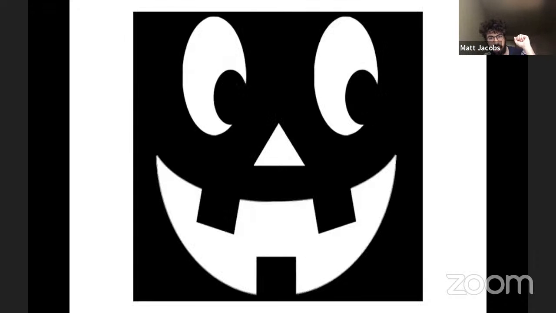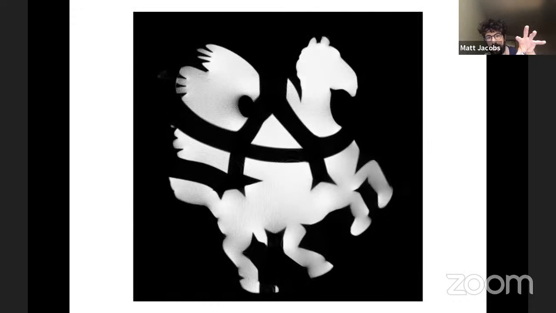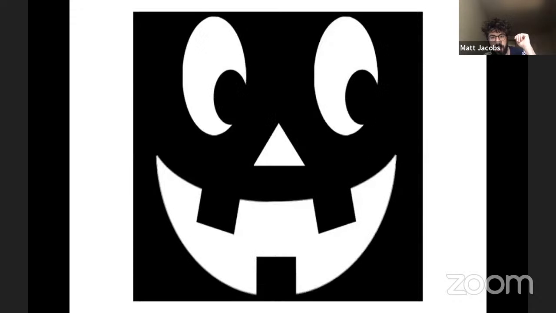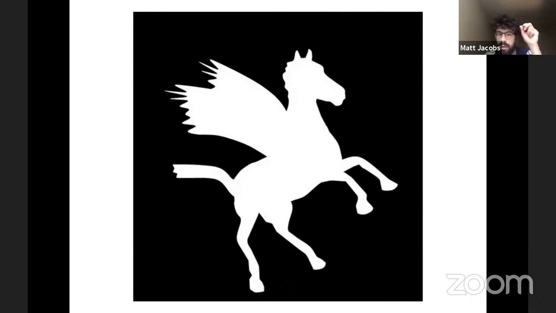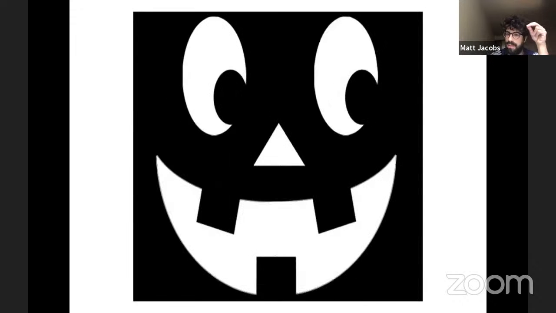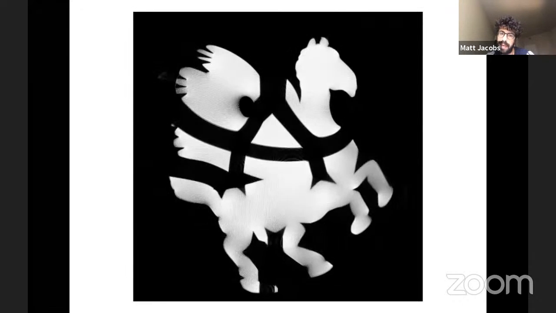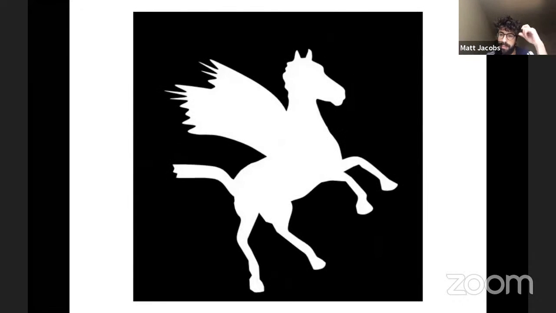This one is actually my personal favorite. We're going to send this jack-o'-lantern face to a Pegasus. And again, there's lots of discontinuities, but the method still captures a lot of these fine features extremely well. So if you look around the eyes and the smile at the beginning, you can already see how some of these features form.